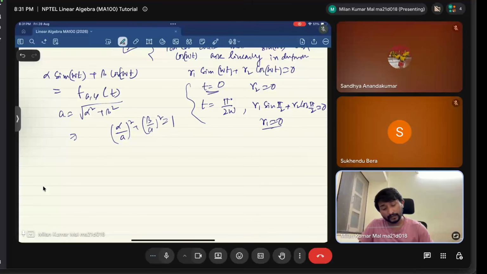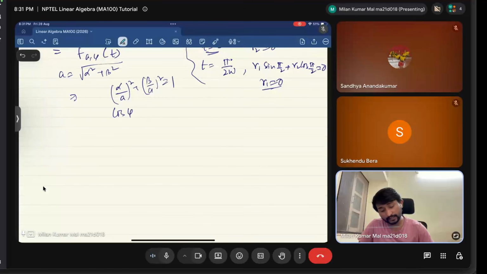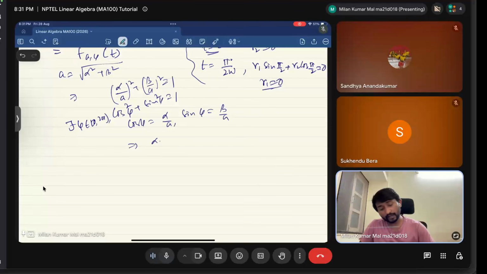That means there exists some phi belonging to 0 to 2 pi such that cos phi equals alpha by a and sin phi equals beta by a, with cos square phi plus sin square phi equals 1. That will give alpha equals a cos phi and beta equals a sin phi.